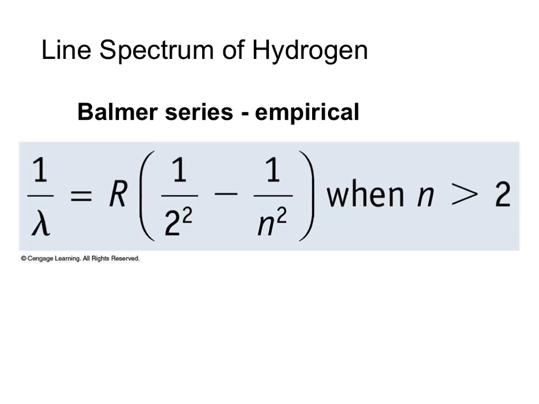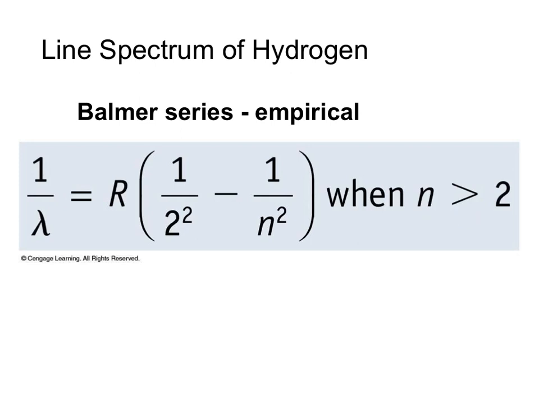So in the Balmer equation, the inverse of the wavelength, 1 over the wavelength, will equal R, which is the Rydberg constant, which we'll see in just a minute, multiplied by 1 over 2 squared minus 1 over n squared, where in this case 2 is going to represent our second orbital, and n is anything greater than 2.